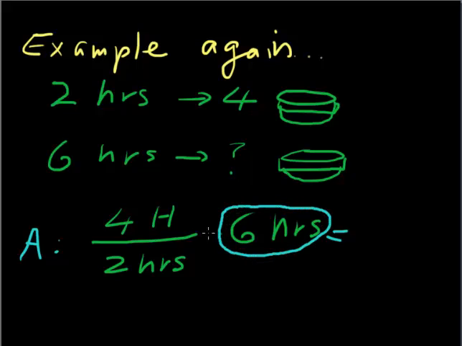And you write your ratio. That's 4 hamburgers, I should make it clear, 4 hamburgers every 2 hours. And that equals, so we write 6 divided by 2 times 4 hamburgers.